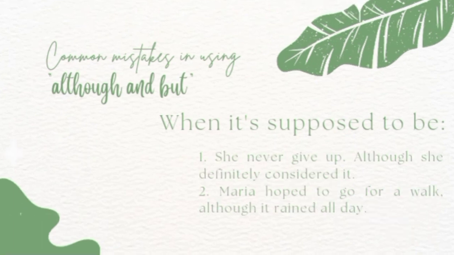Do not use but and although together because but is usually a coordinating conjunction. It joins together two equally contrasting ideas, while although is always a subordinating conjunction. It does not join together two equal ideas. One of the ideas is an unexpected result of the other clause.